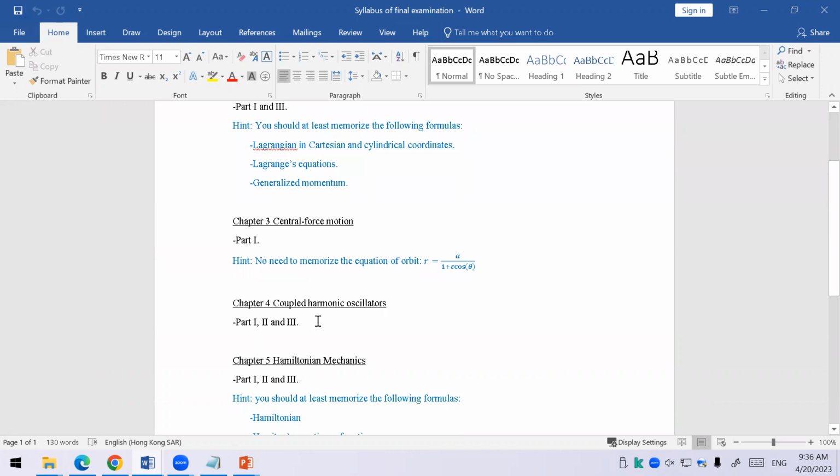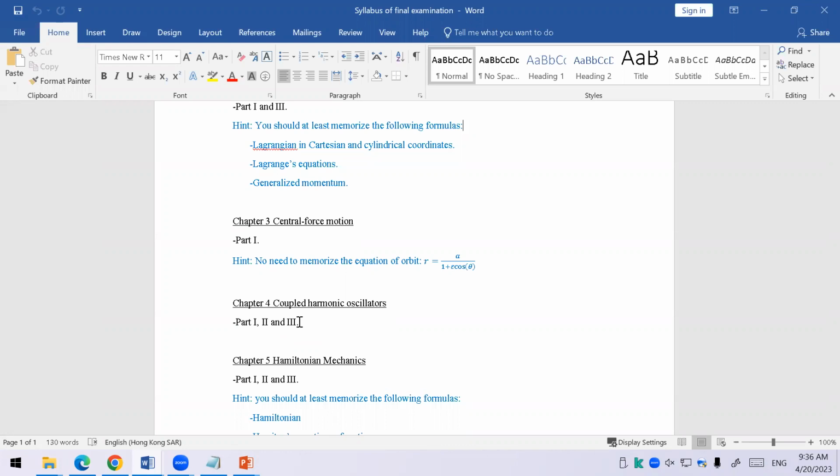And chapter 4, coupled harmonic oscillators. I'll test you on all 3 parts. I would say this chapter is quite straightforward to study, because the situation is always very similar.